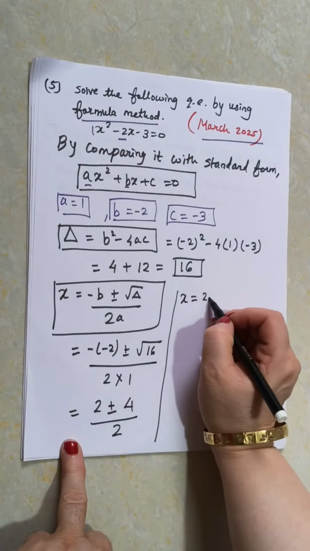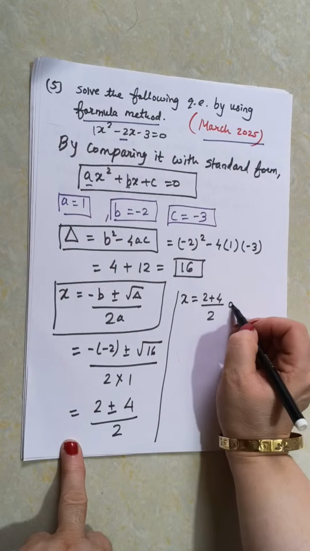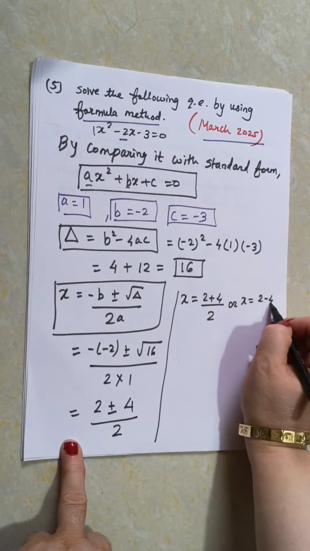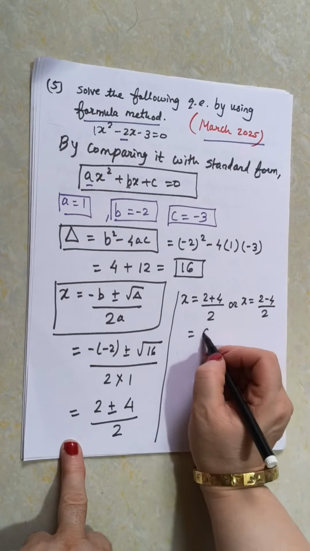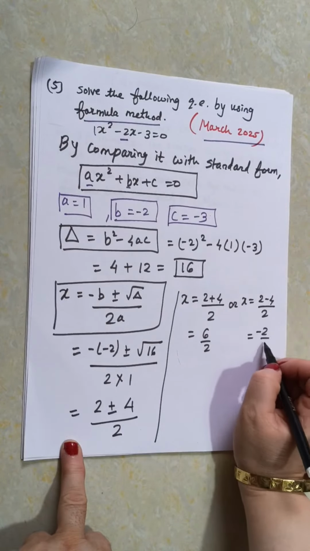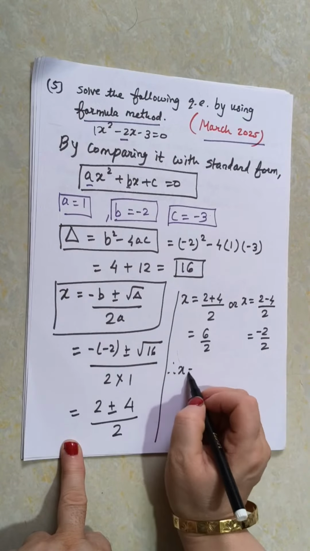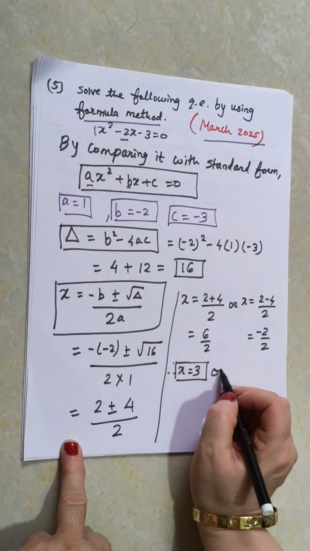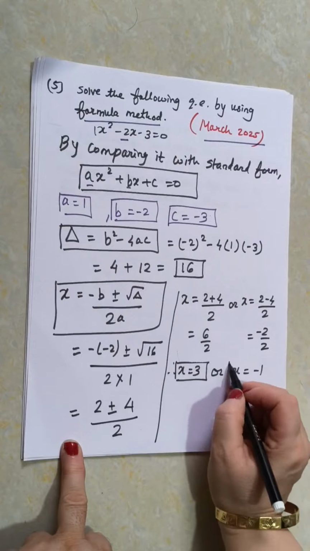So x is equal to 2 plus 4 upon 2, or x is equal to 2 minus 4 upon 2. 2 plus 4 is 6 upon 2, and here 2 minus 4 is negative 2 upon 2. So x is equal to 3, or x is equal to negative 1.